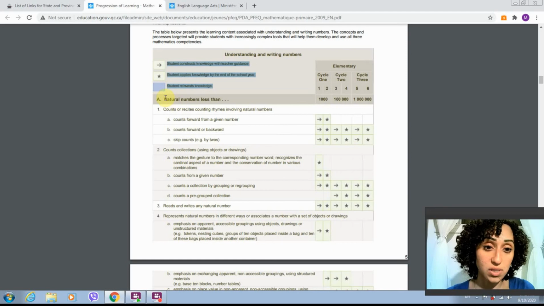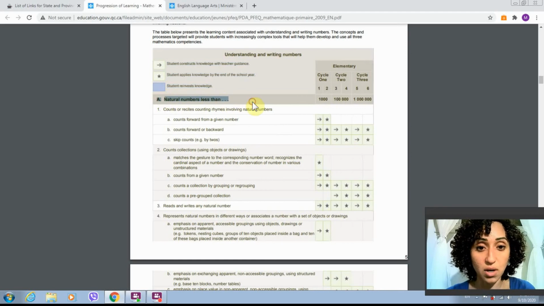Okay, and so you can see, for example, the first subheading, natural numbers less than. In cycle 1, 1st and 2nd grade, they have to learn natural numbers less than 1,000. And in cycle 2, 3rd and 4th grade, it's 100,000. Cycle 3, it's 1,000,000.